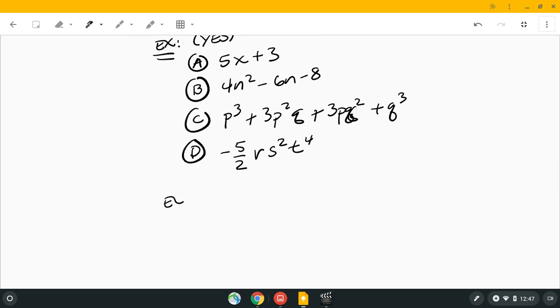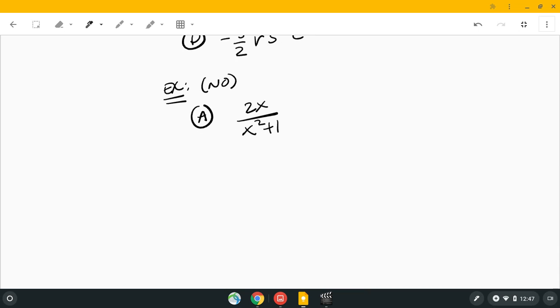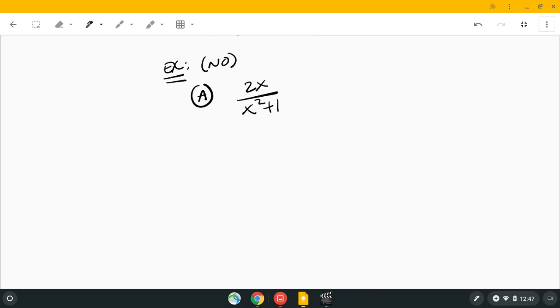So here are some examples that are not. For example, this 2x over x squared plus 1, because we have variables in the denominator. That's not allowed for polynomials.